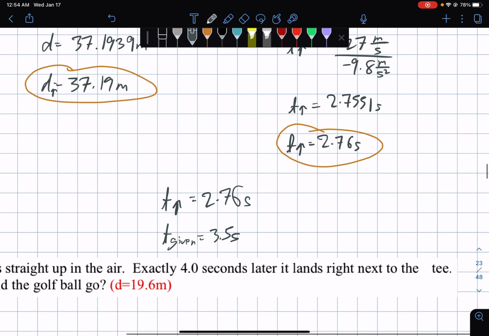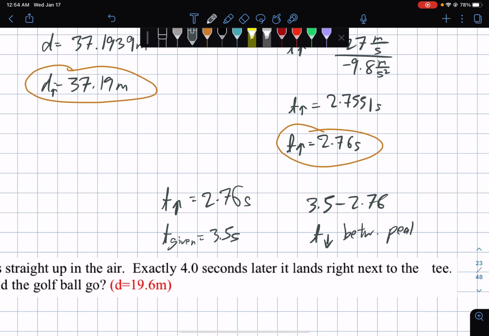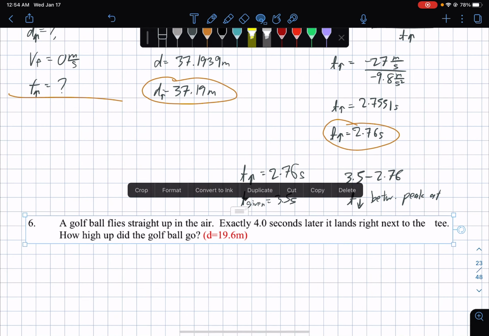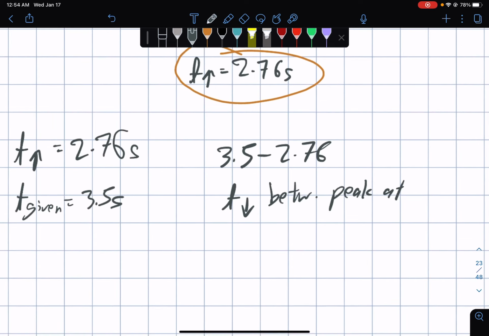Anyways, so 3.5 minus 2.76 is the time going down between the peak and the location of the ball at 3.5 seconds.